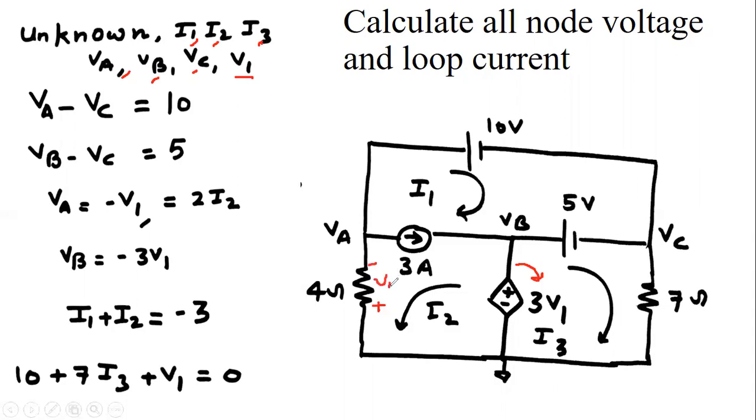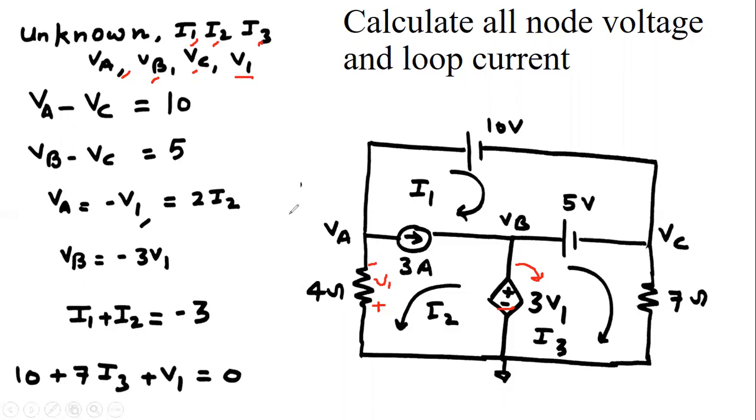Whenever there is a dependent source in the circuit, its controlling voltage or current is shown across a resistance or some other element. So this is my dependent voltage source, and it depends upon the voltage of this 4 ohm resistance. In total we have 7 unknown variables, so we require 7 equations.